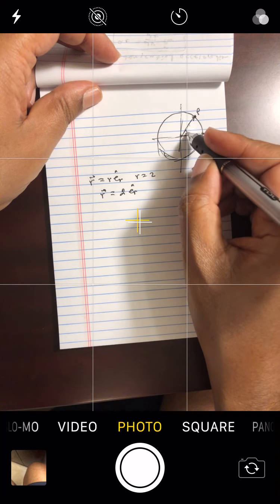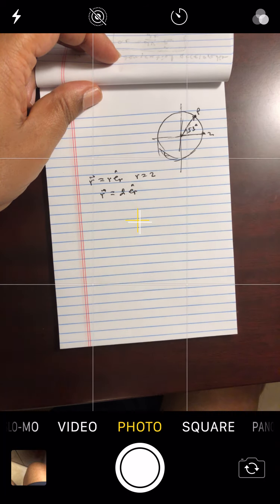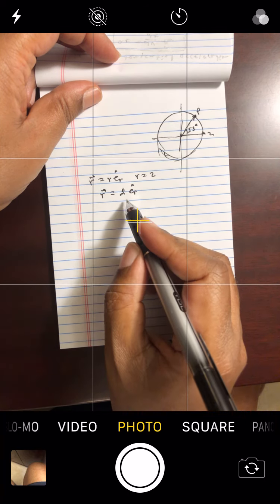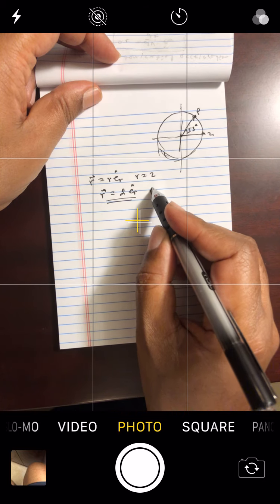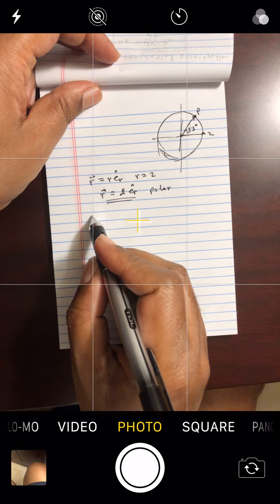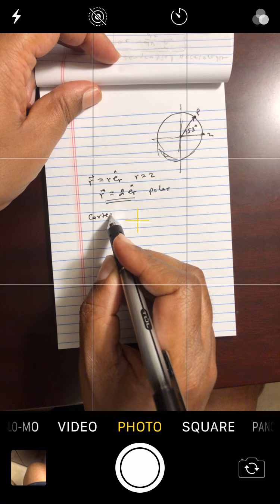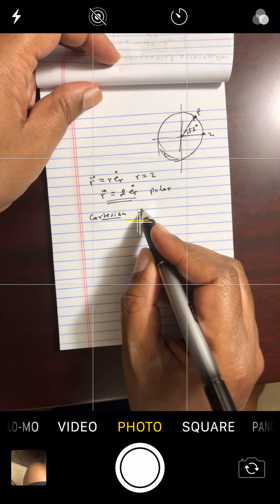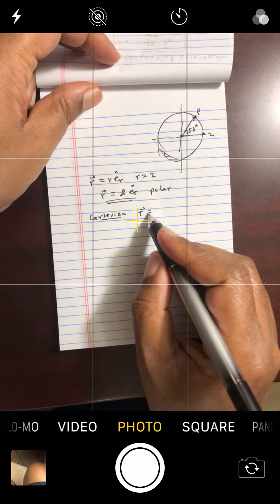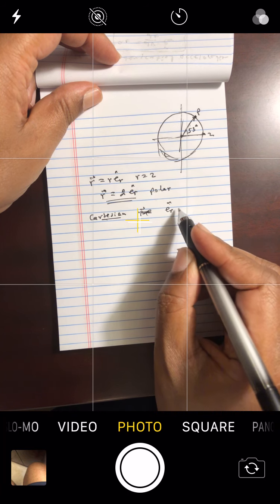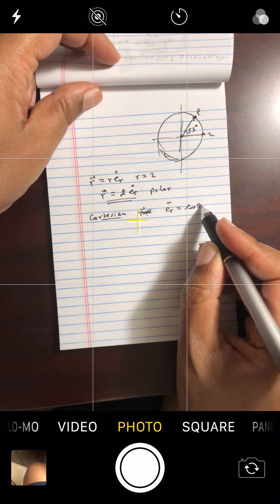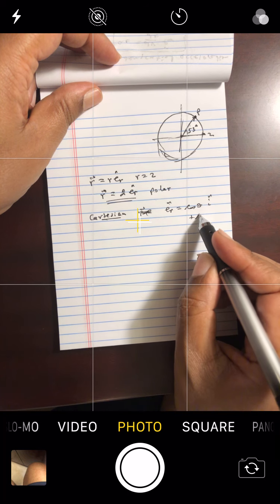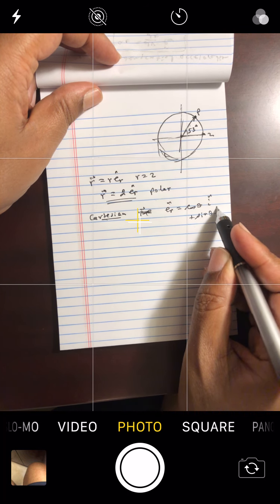Let's say it's 53 degrees over here. So this is in polar. Now let's do Cartesian. You can say r equals, we're going to replace e_r by cosine theta in the i direction plus sine theta in the j direction.